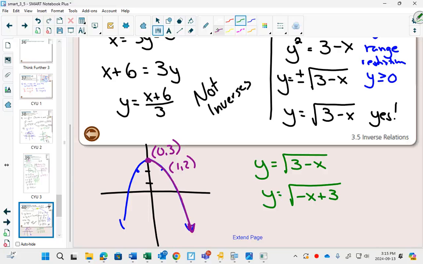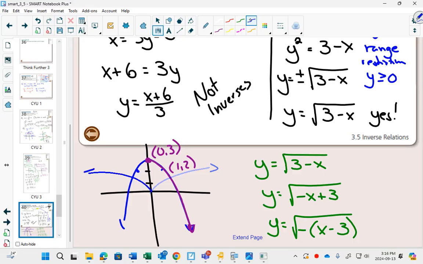So now this is in our mode of, I have a horizontal reflection and a horizontal translation. Secondly, it's not in factored form. So if I want to use my strategies, I'm going to take my square root, which looks like this. Then I have a horizontal reflection, which looks like this. And then I'm going to move it 3 to the right, which looks like this.